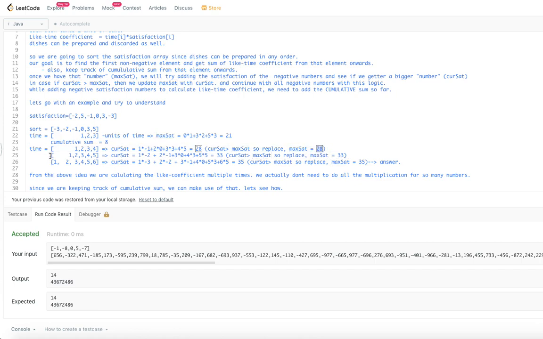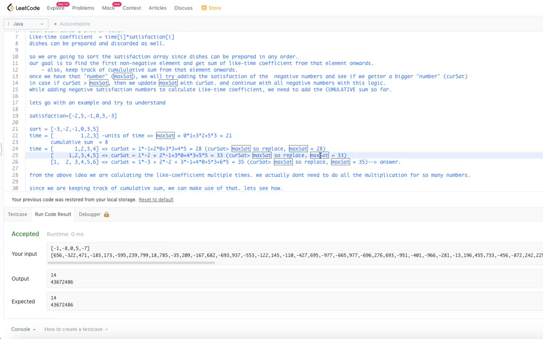And then we move a little bit left again. So we consider these 4. Now we will consider 5 of them. That's why I have 1, 2, 3, 4, 5, right? Now multiply these 2 to get the like time coefficient. What we got? 33. So 33 is greater than max satisfaction.